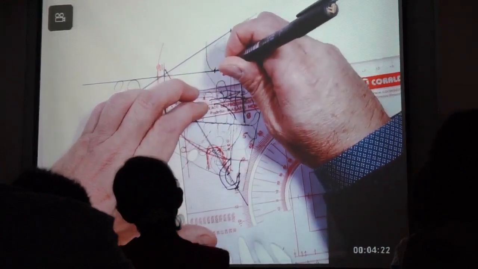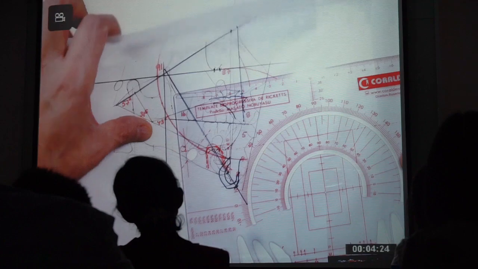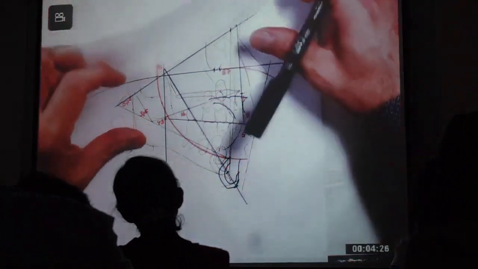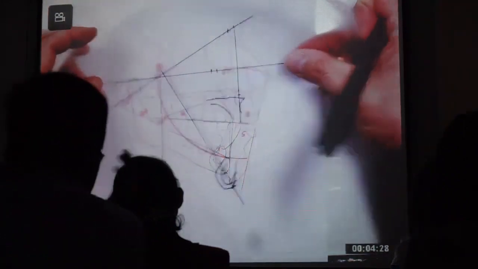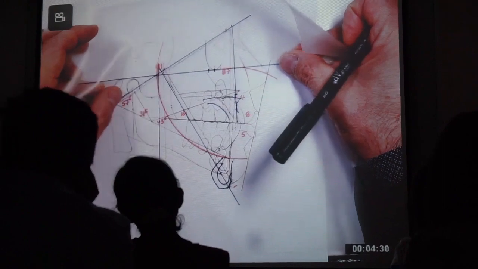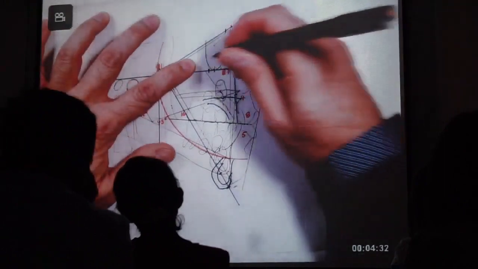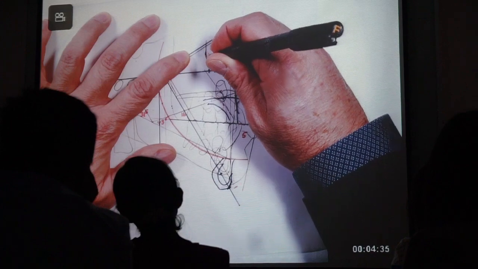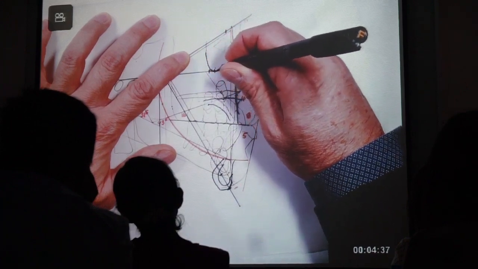So you put another point here, close to 4, and then you go back and you can draw the orbit.